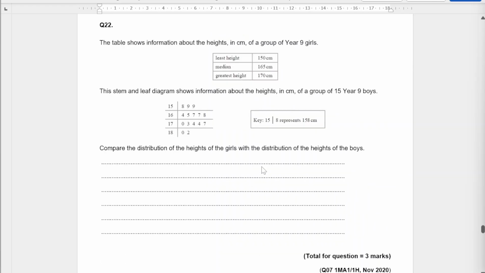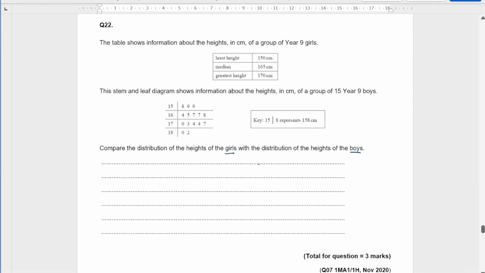Right, question 22. The table shows the information in centimetres of a group of Year 9 girls. The stem and leaf diagram shows the information about the height in centimetres of a group of 15 Year 9 boys. Compare the distributions of height of the girls with the distribution of height of the boys. So it says girls first.